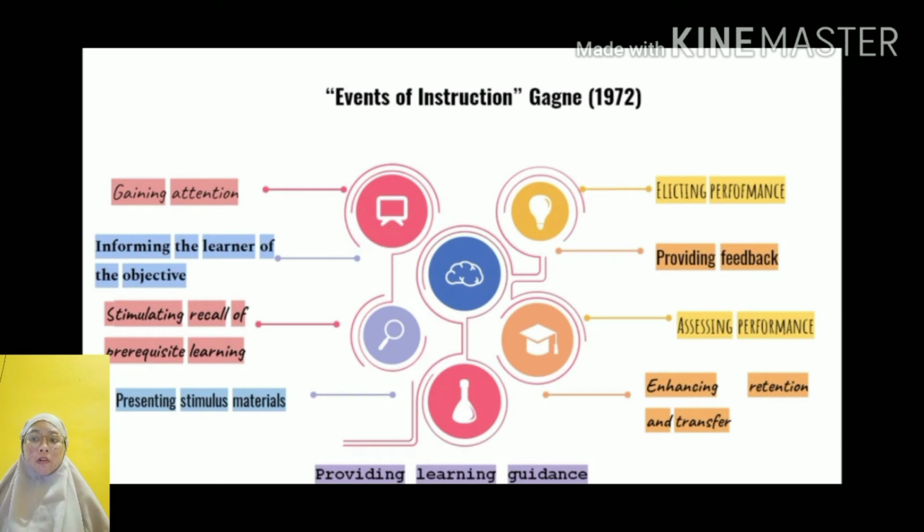The fifth is providing learning guidance. The sixth is eliciting performance. The seventh is providing feedback. The eighth is assessing performance. And the last is enhancing retention and transfer.